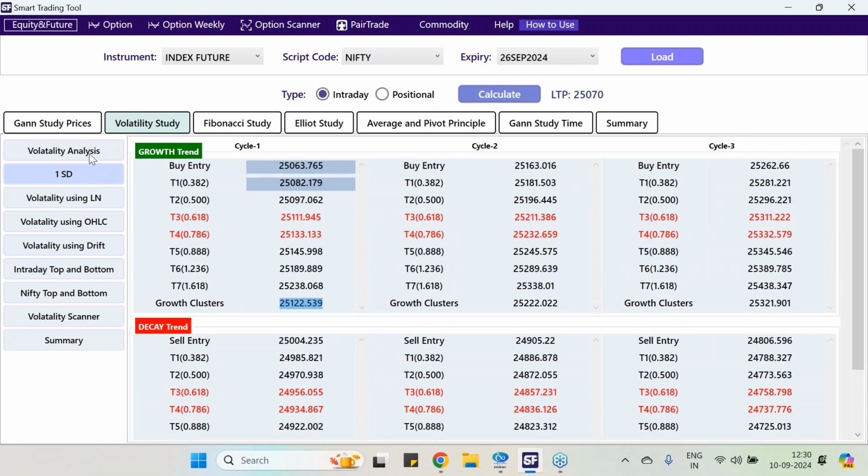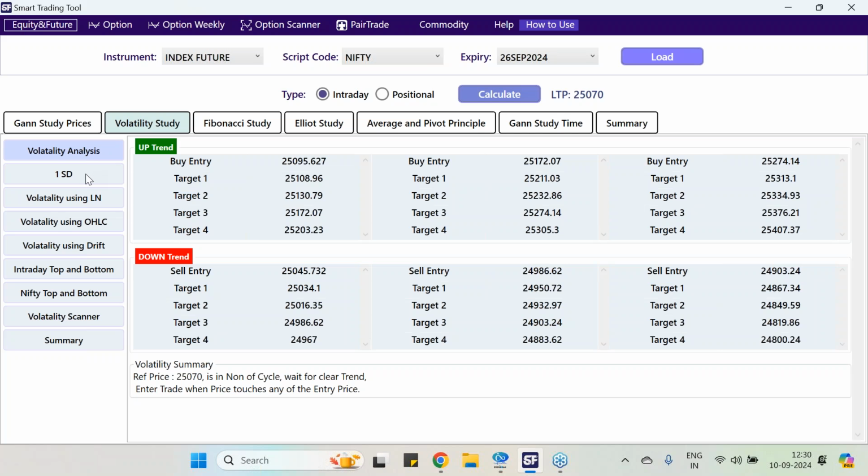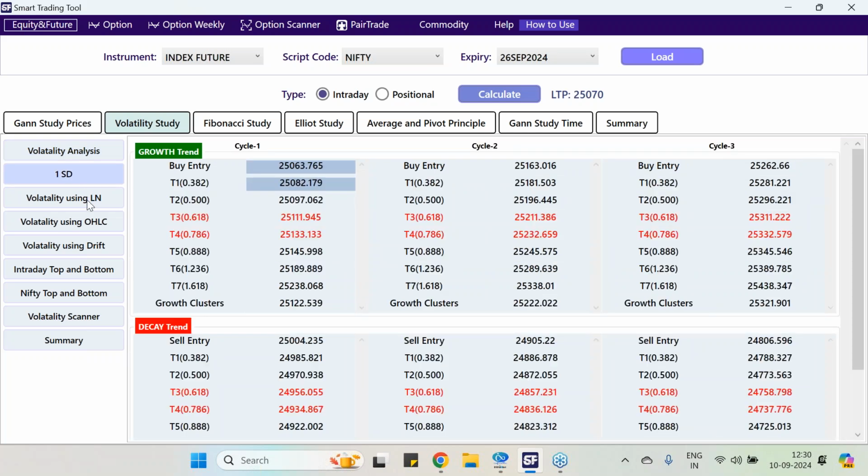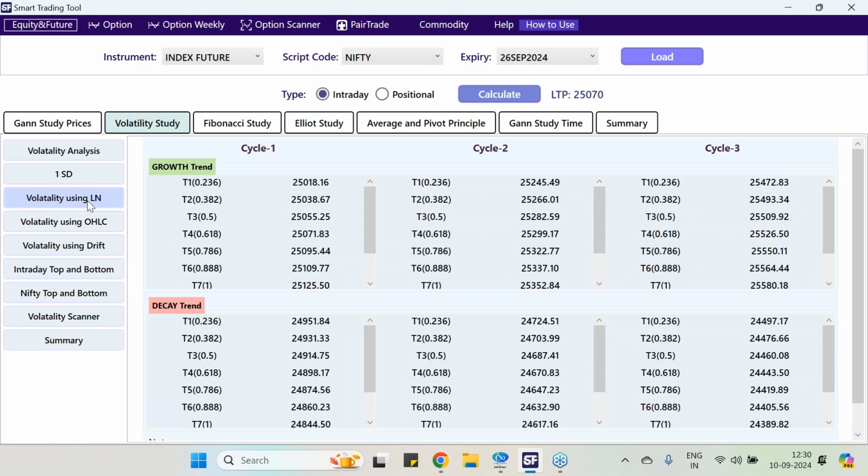Here the volatility random analysis is based on whatever data points it has created today. One is the one standard deviation, and here we take the LN method. Till yesterday, whatever the Nifty price was, the LN method, the natural logarithmic method, is taken. We take 10 days of data, and based on that we find its absolute return and average absolute return, and work on that.